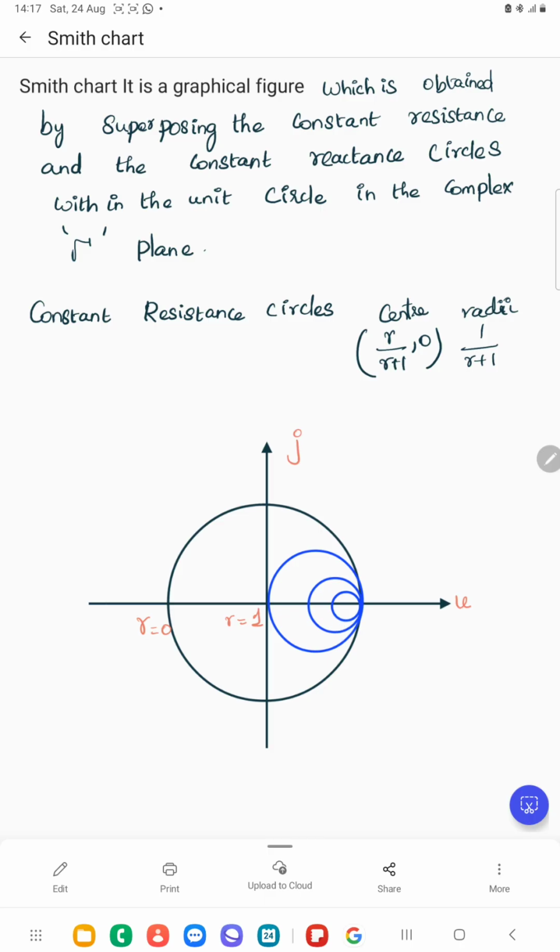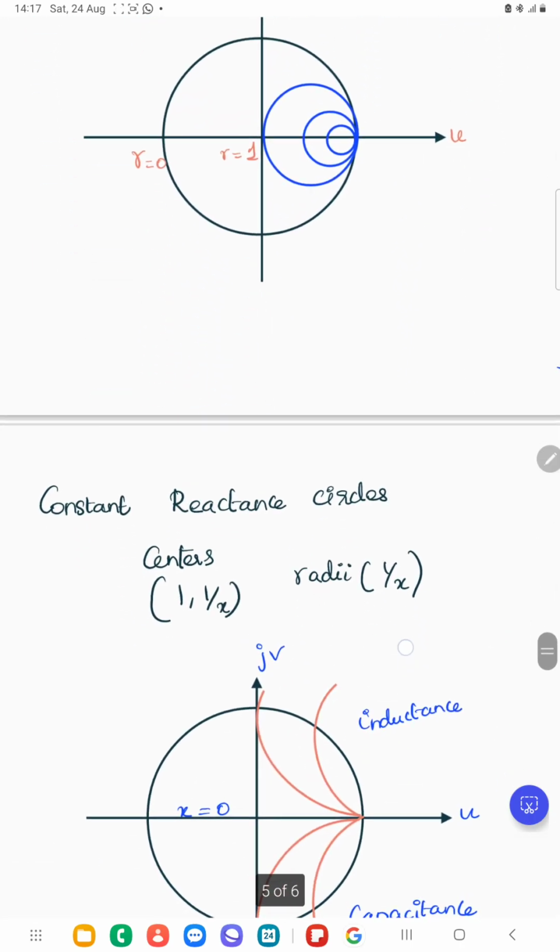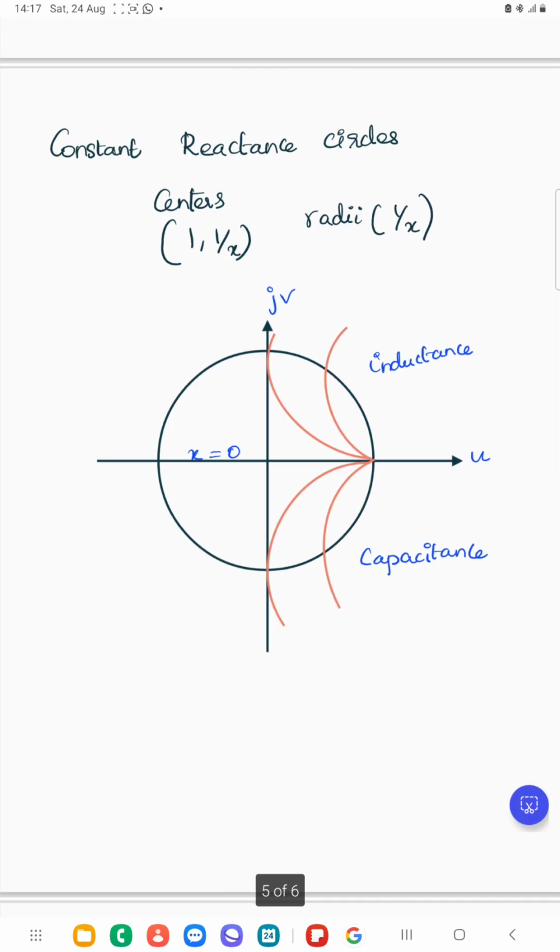Coming to the reactance circles, they have the center 1 comma 1 by x and radius 1 by x. This is the imaginary part of the impedances. If it is positive, it is inductance.